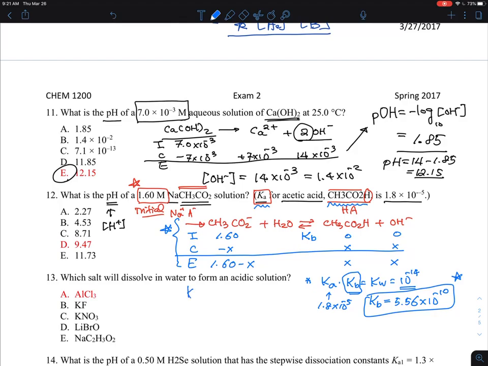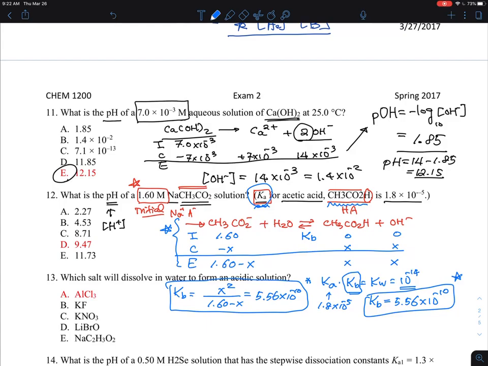So Kb is x squared over 1.60 minus x, and that's 5.56 × 10^-10, okay? So the problem gives a Ka, but you need to calculate the Kb, and once you calculate the Kb, it's easy to establish the ICE problem now.